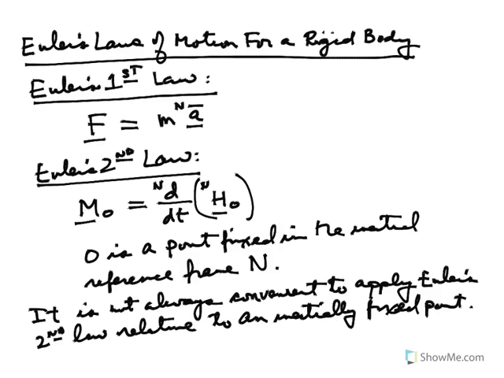So what are the options? So there are two options. There are two alternatives to an inertially fixed point.